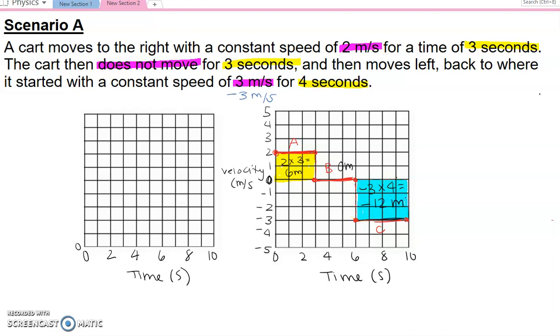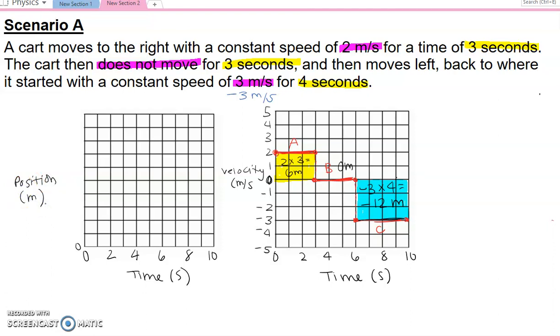meters as my distance. Now, when I go over to my time on the left graph, I'm going to put position on my y-axis, and that's in meters.